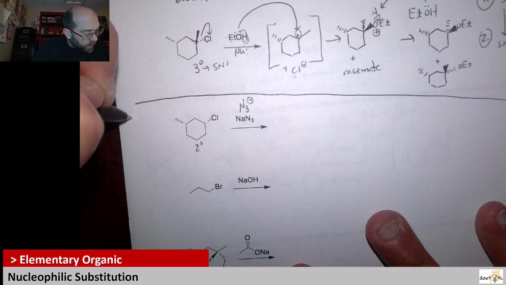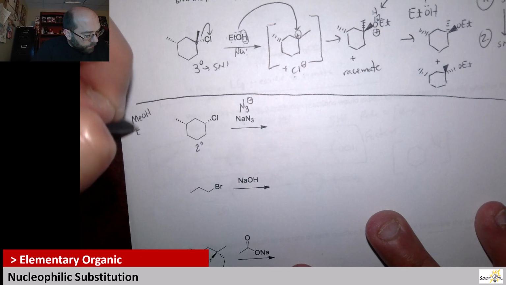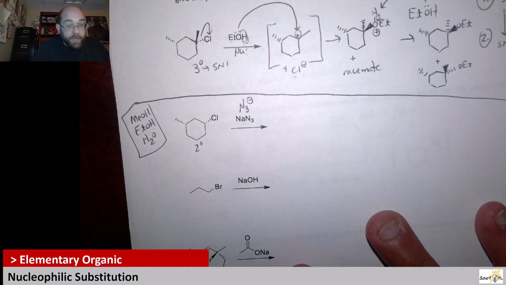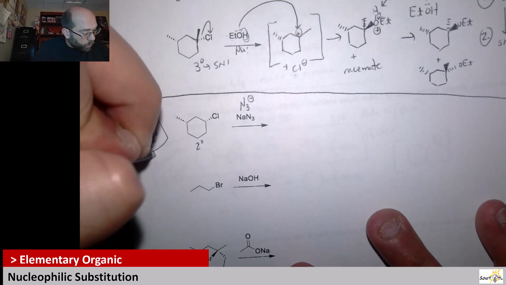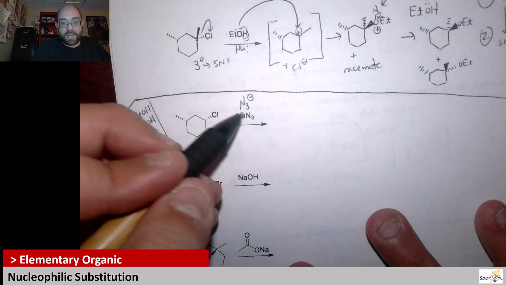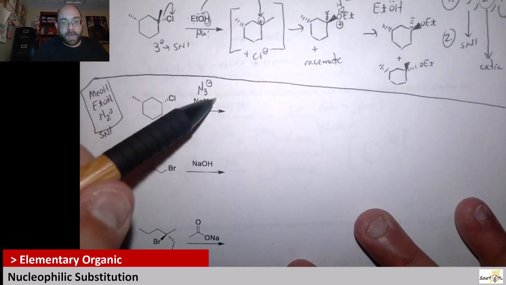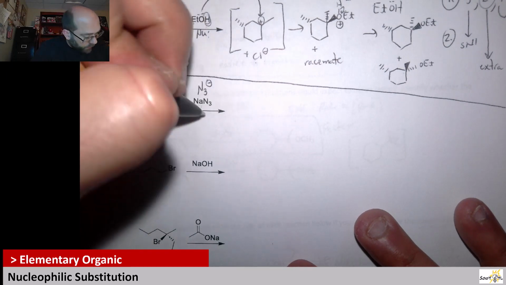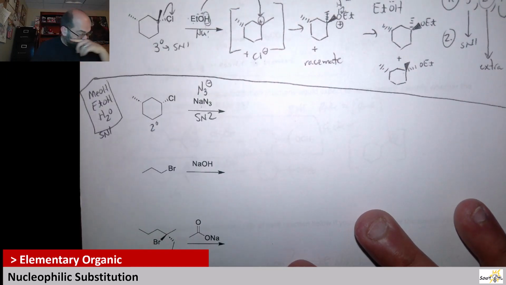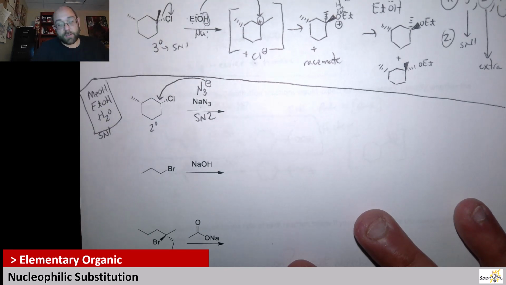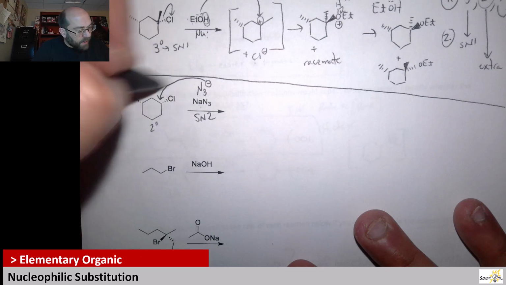So if the nucleophile was something like methanol, ethanol, or even water, these three could be used to do an SN1, where you have a hydrogen bound to an oxygen. But we don't have that here, so this is really going to act just like a nucleophile to do the SN2, okay? All right, so that means that this azide, that's what N3 is called, this azide will attack and kick the chlorine off.